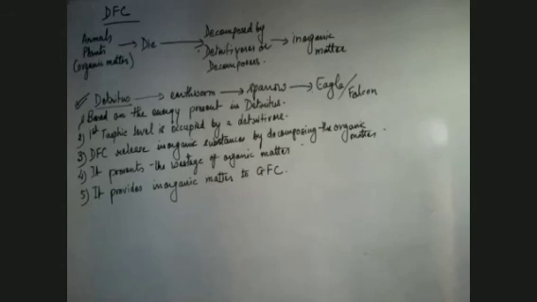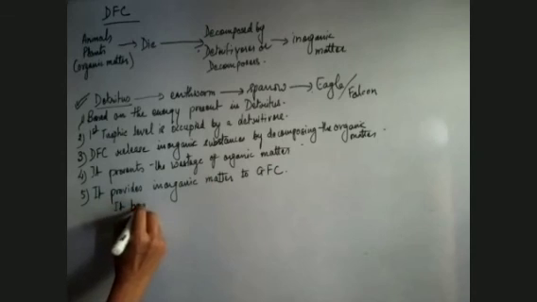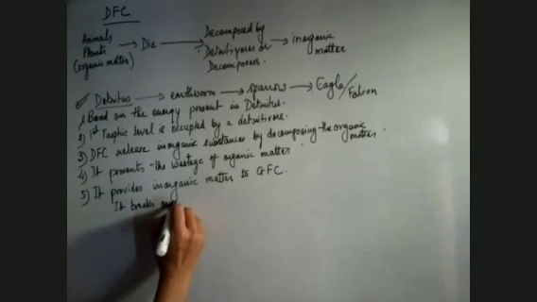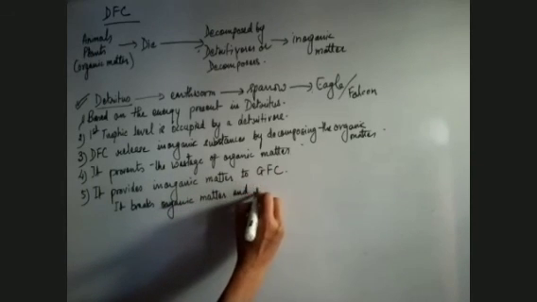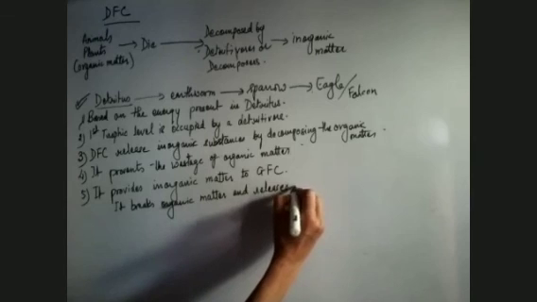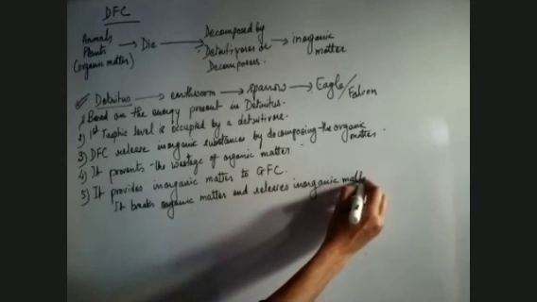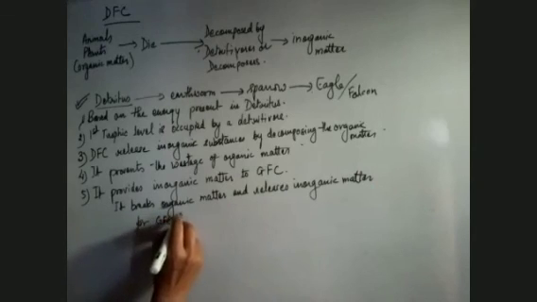This is the next point. Then you can also write down one more point which we can give: it breaks the organic matter and releases inorganic nutrients for GFC to continue.